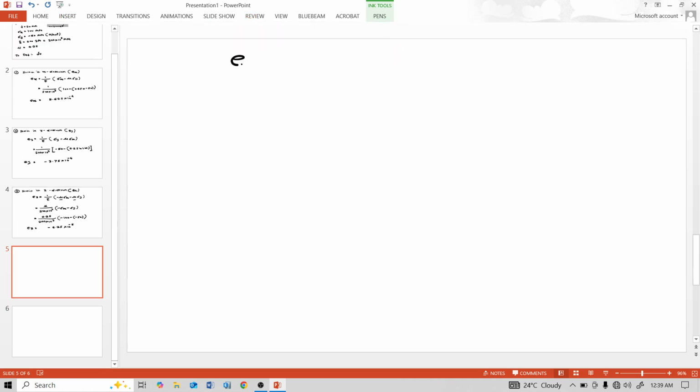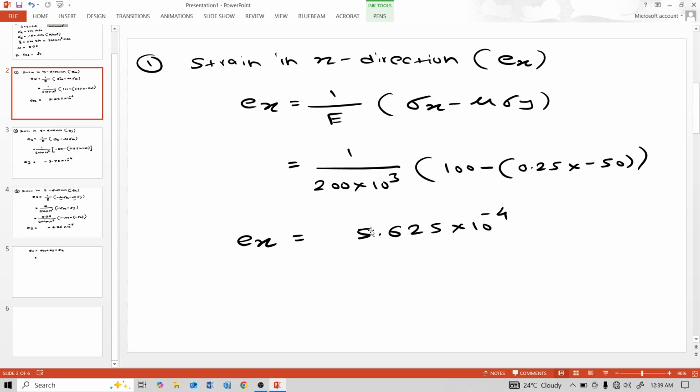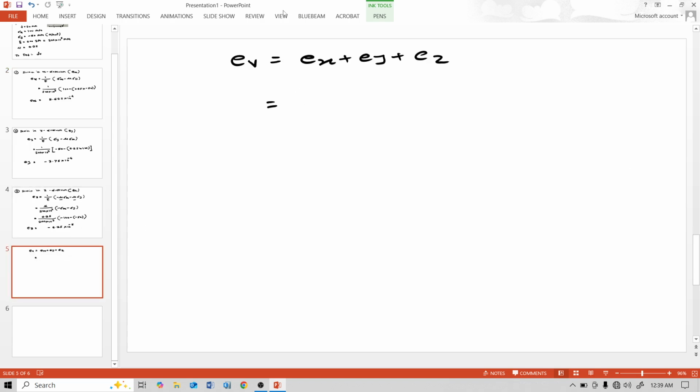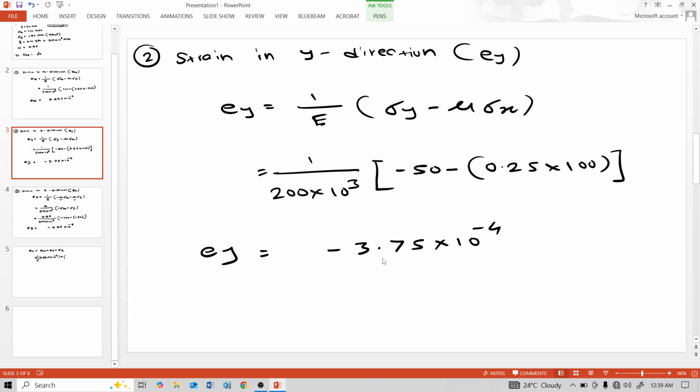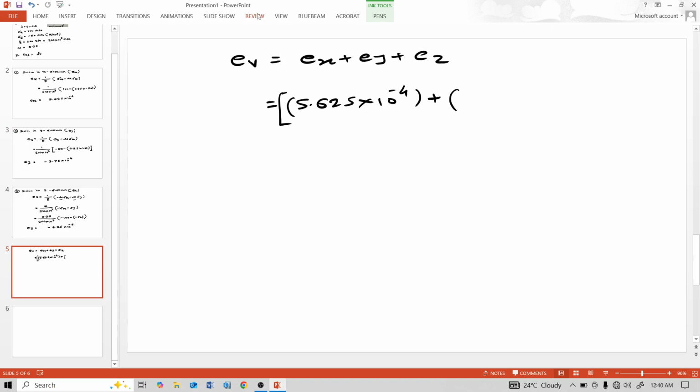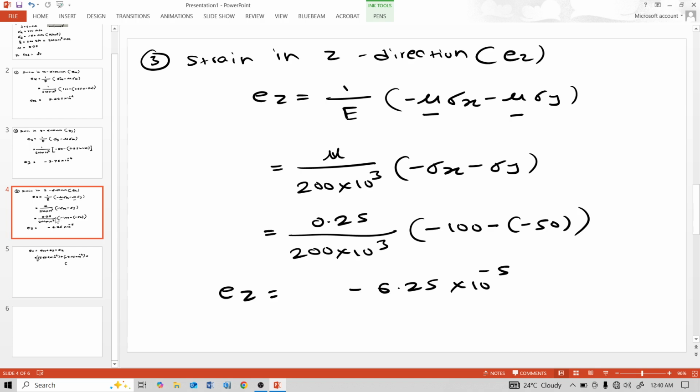Now calculate total strain for that plate. Total strain is strain in x direction plus strain in y direction plus strain in z direction. Strain in x direction is 5.625 into 10 raised to minus 4, plus strain in y direction minus 3.75 into 10 raised to minus 4, plus strain in z direction minus 6.25 into 10 raised to minus 5.